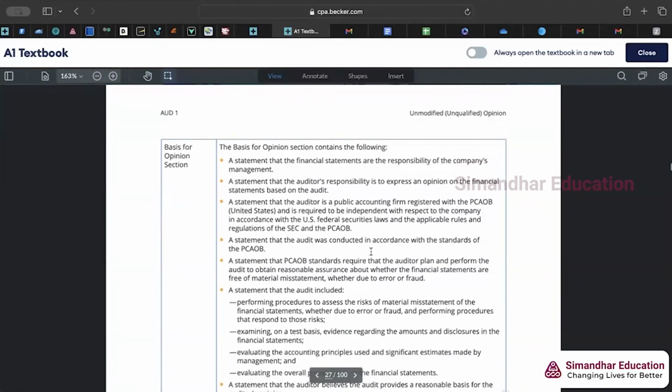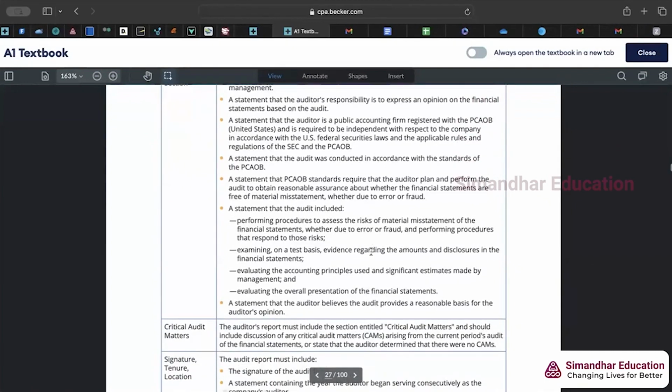When we come to the basis of opinion paragraph for issuers, the difference between this one and the non-issuers is that in the case of issuers, the basis of opinion paragraph will include all auditors' responsibilities also. For non-issuers, the auditor's responsibility is a separate paragraph.